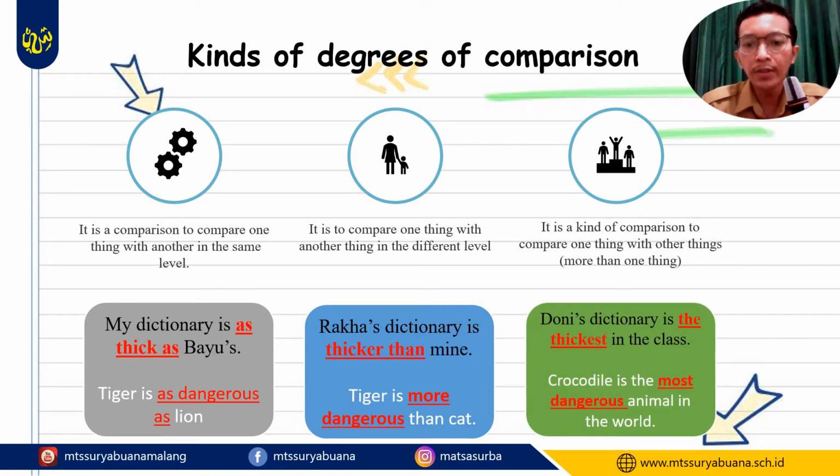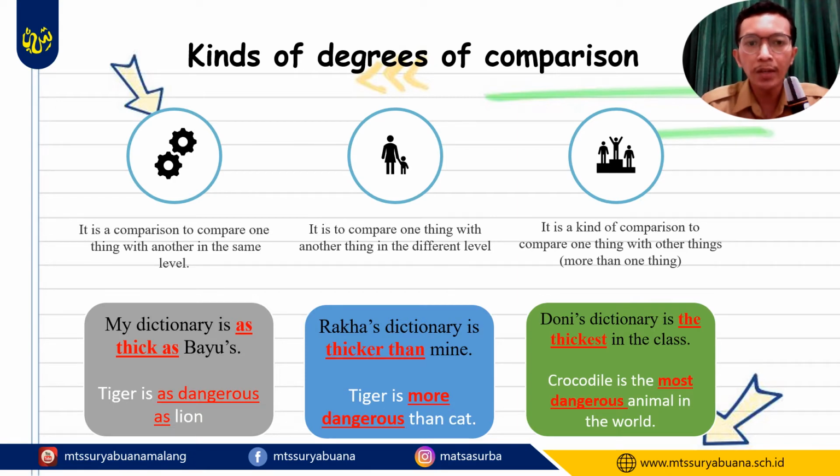The example here: Donnie's dictionary is the thickest dictionary in the class. And the second sentence: crocodile is the most dangerous animal in the world.